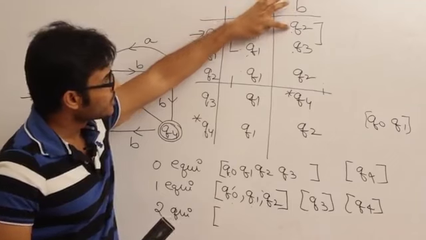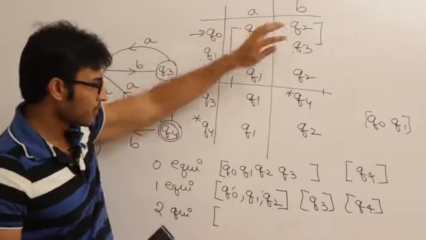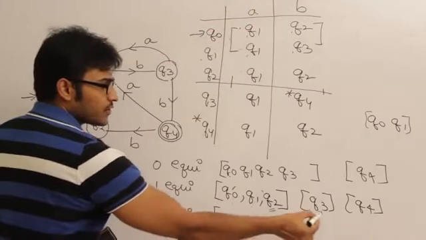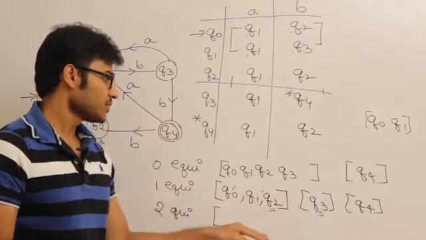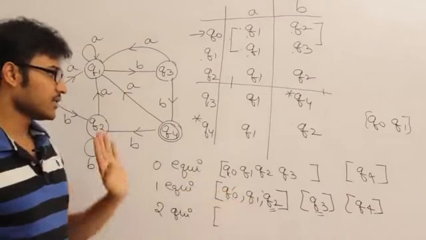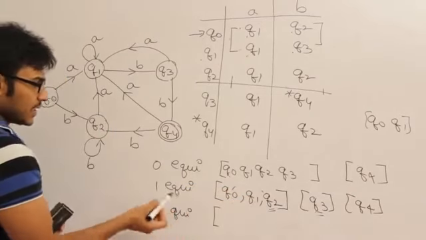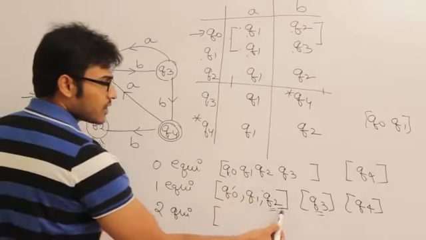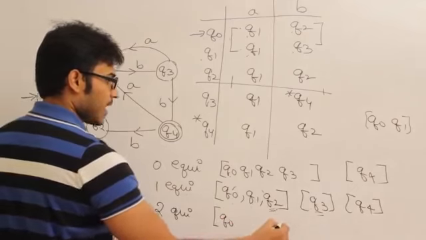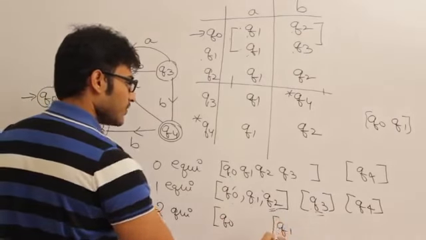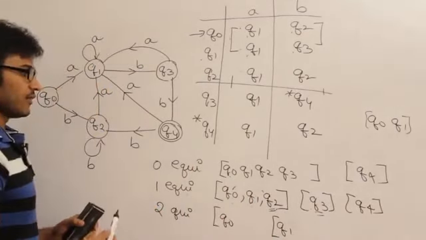Now on B, one is going to Q2, the other is going to Q3. Both are in different groups. Whenever they are in different groups in the previous equivalence, in this equivalence they are not equivalent. Which means in 1 equivalent, if they are going to different groups, then in 2 equivalent they are not equivalent. Which means Q0 and Q1 are definitely not 2 equivalent.